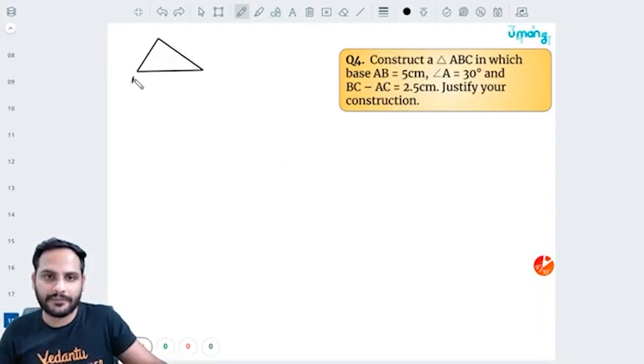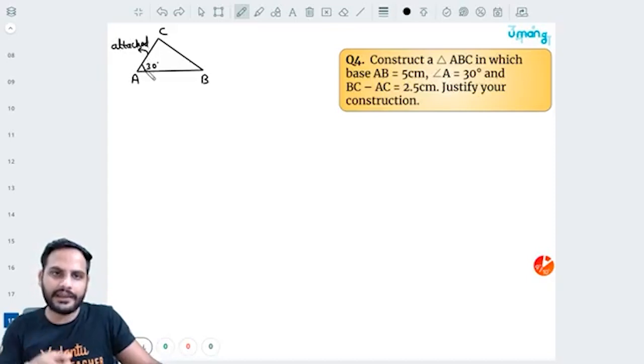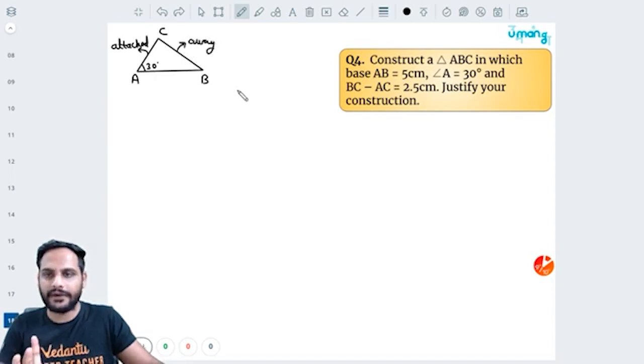Base is AB. Base AB is given. Angle A is given as 30 degrees. So point C will be definitely over here. So the side AC is the one which is attached to the given angle A, and BC is away from the given angle, right?